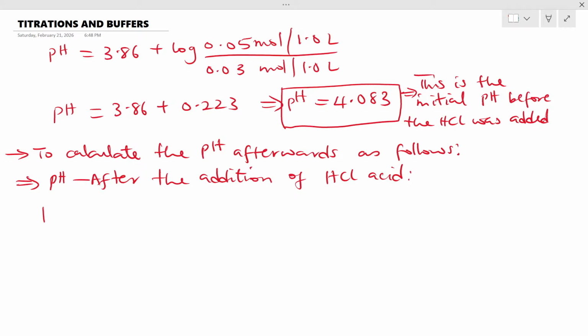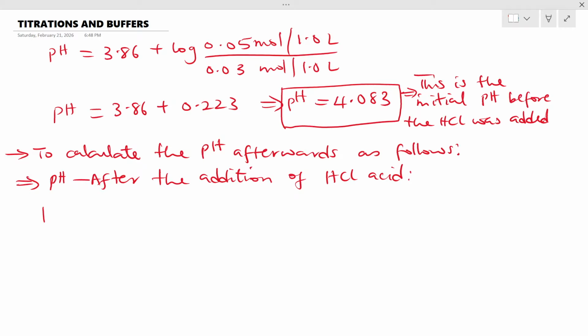So let's look at the reaction upon addition of the H plus, as follows.